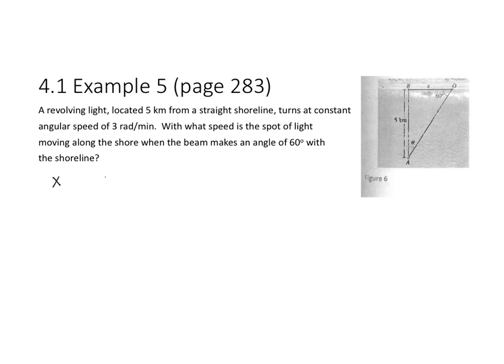We have this x, which is the distance from B. We have theta, which is the angle in radians. And then our two things that are changing are dx/dt and d theta/dt. So this is giving us a hint about our equations.